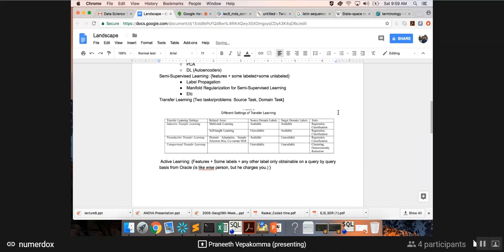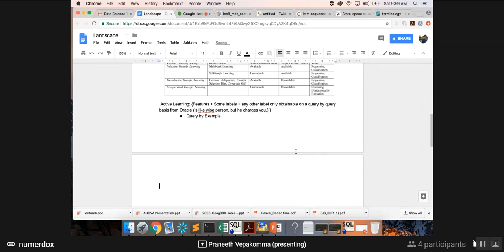So here there are again different ways to do it. By example. Okay. And there is cost sensitive. This is getting very popular these days. Cost sensitive machine learning.